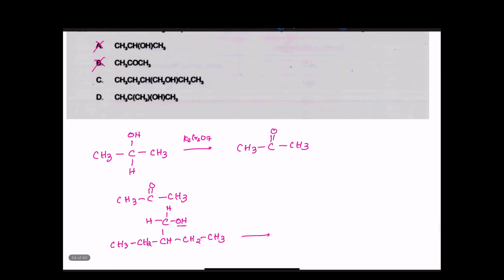This will actually give me a carboxylic acid, which will look like this: CH3, CH2, CH, COOH, CH2, CH3, right? So option C is the right answer. And option D cannot be a right answer, because if you check here, it's a tertiary alcohol, and tertiary alcohols cannot be oxidized. No reaction. So answer is option C.